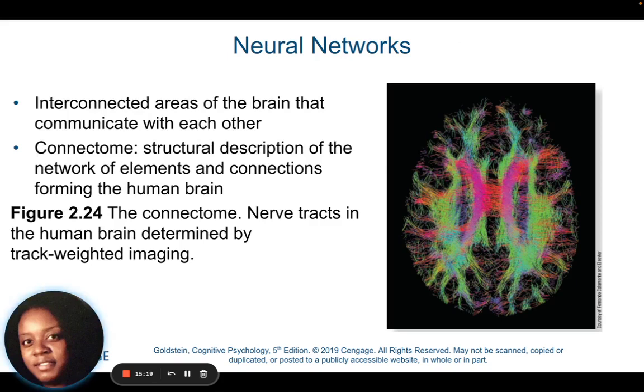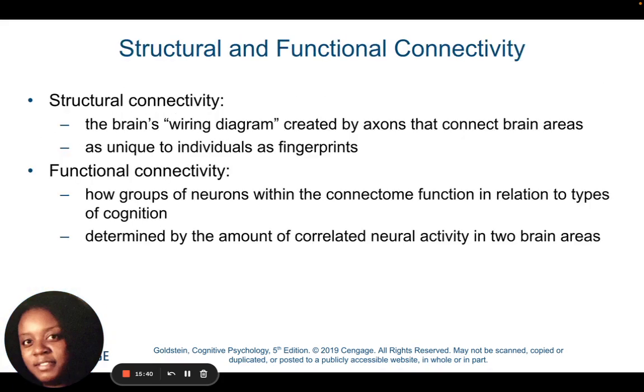So here's the idea of neural networks, and it kind of shows you how the different areas of the brain are connected, how they can communicate with each other. You can see that these sort of networks and fibers are all over the place. And they have these nerve tracks that help the human brain determine and track imaging.